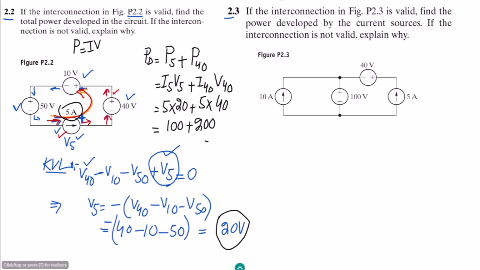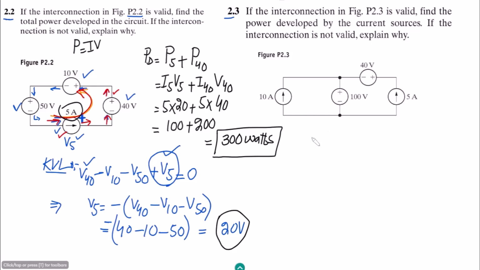Okay, so this is now 300 watts, which is the developed power through this circuit. Okay, so that is the solution of the question, because we are asked to find out the developed power and we have found it out by this formula. So that is the solution of question 2.2.